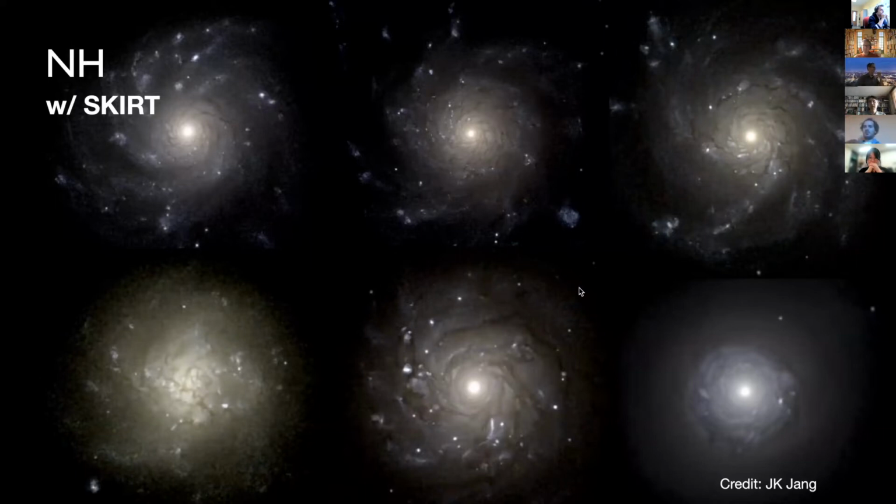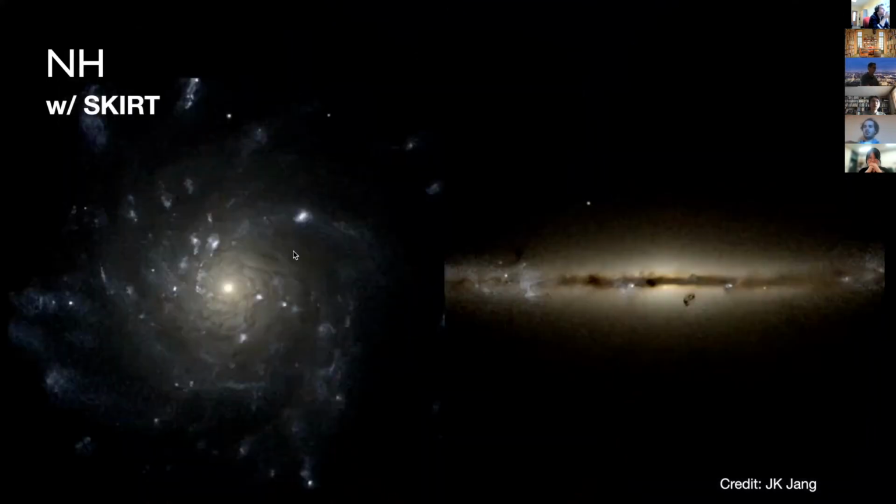So these are the mock images made by JK Zhang, my student, with SKIRT. So it's a realistic radiative transfer approximation. And as you can see here, galaxies look quite good. Not only on face-on view, but also on edge-on view.